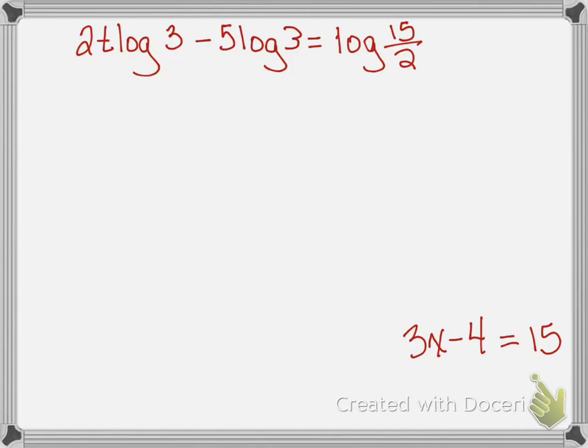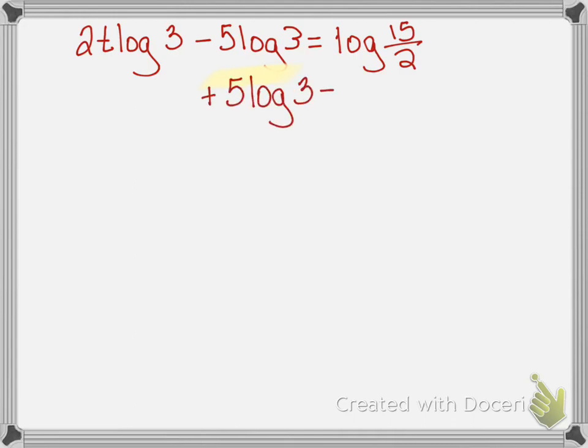Add 4 to both sides. That's the same thing I do here. I'm going to add that to both sides because it's negative. So I'm going to say plus 5 log 3 on both sides.